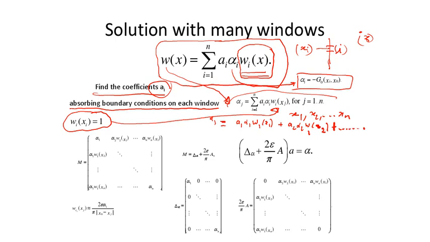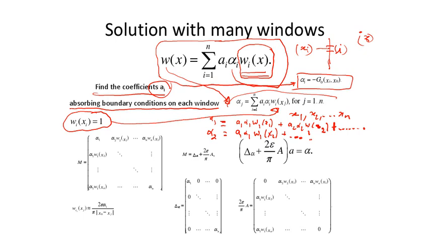Okay, and you do the same for the second coefficient alpha 2, which is again A1 alpha 1, but now you have W1 at x2 plus, and so on.